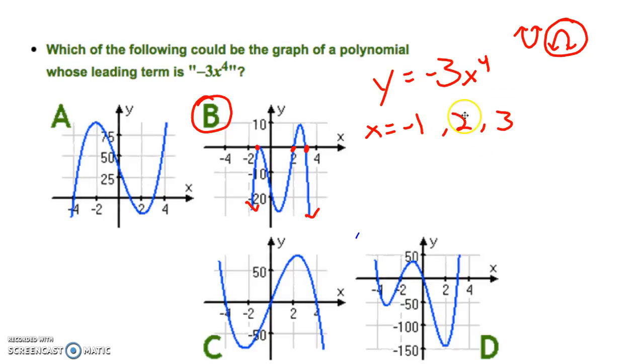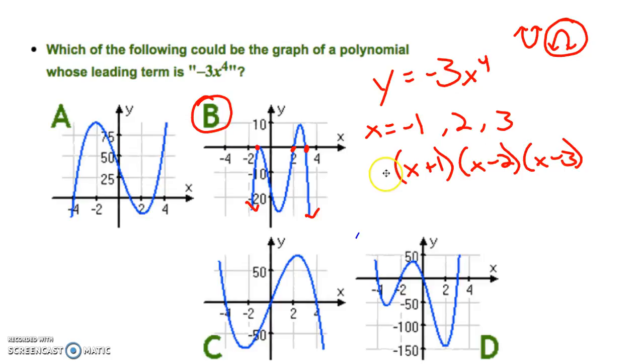So do you know, based on those, what the factors for this polynomial would be? X plus 1 would result in a solution of -1. X minus 2 would result in a solution of +2. And x minus 3 would result in a solution of +3.